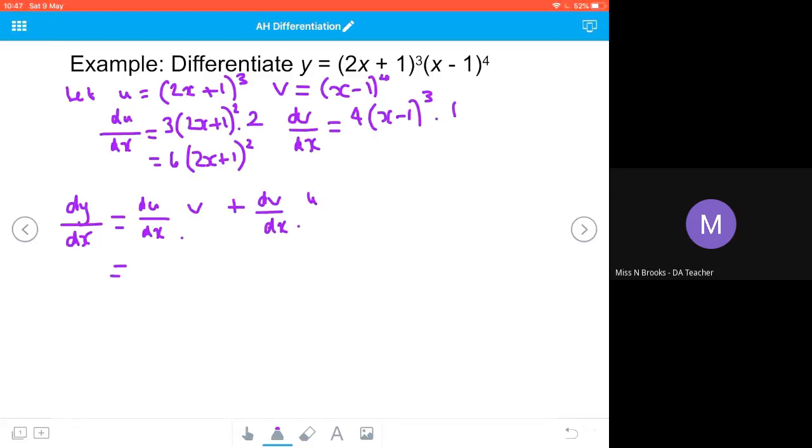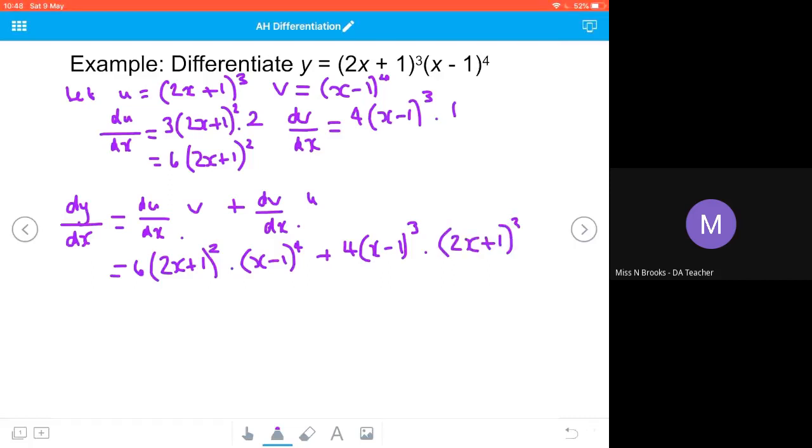So du by dx was 6 upon 2x plus 1 all squared, and v was x minus 1 to the power of 4. And I'm going to add that on to the derivative of my second function, which is 4 upon x minus 1 cubed. And I'm multiplying that by my first function, which was 2x plus 1 to the power of 3.